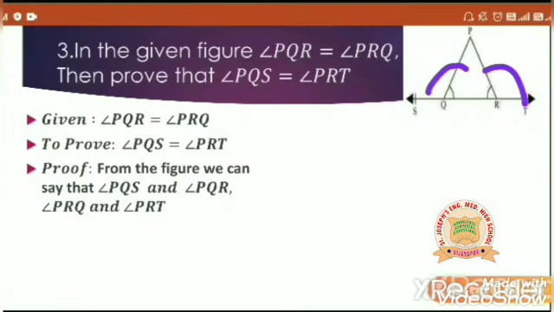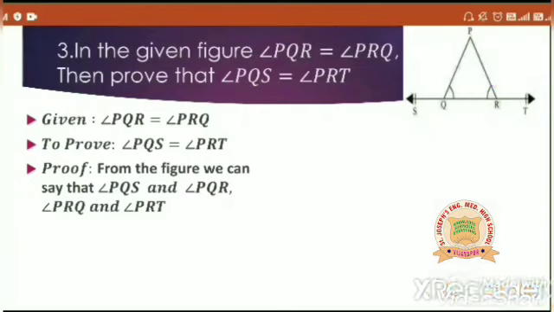How are we going to show it? In the proof part, first we are going to write, from the figure we can say that PQS and PQR, and also PRQ and PRT, if you see both, they are forming a linear pair.